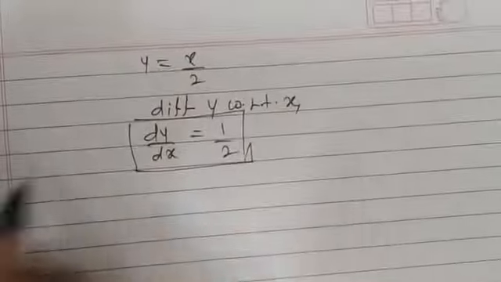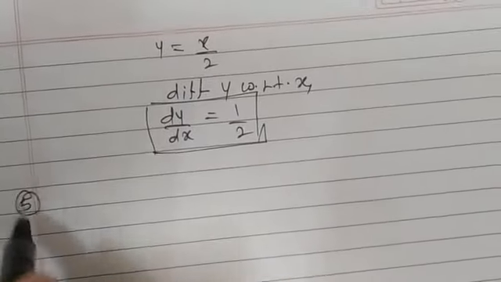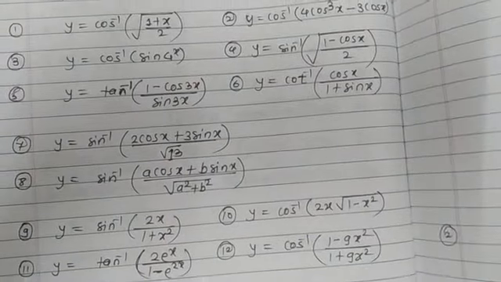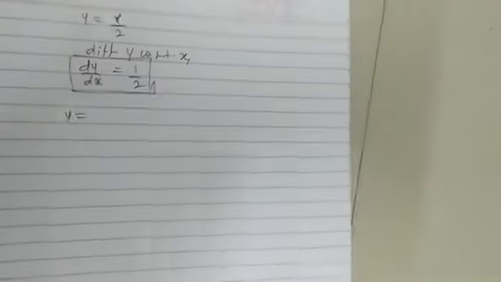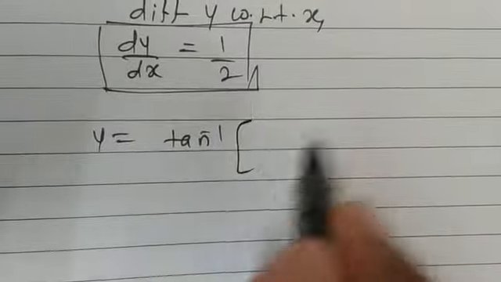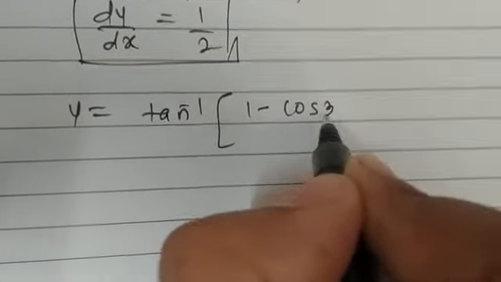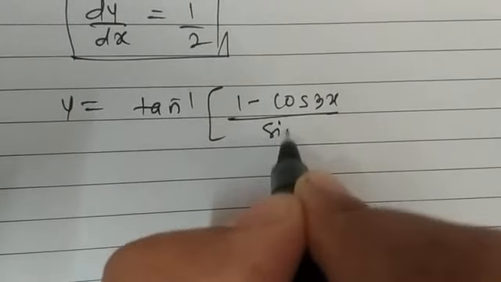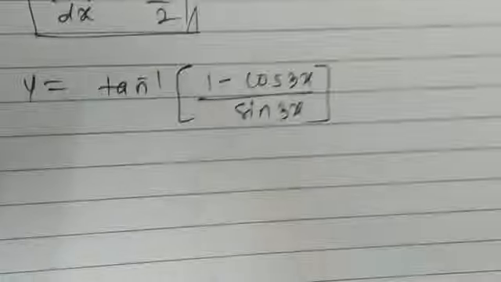Next example, fifth example: y is equal to tan inverse of, in bracket, 1 minus cos 3x upon sin 3x.